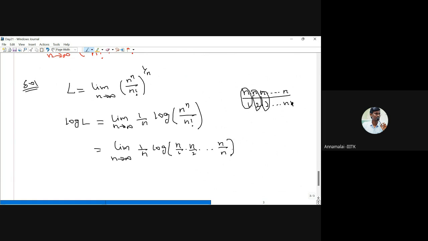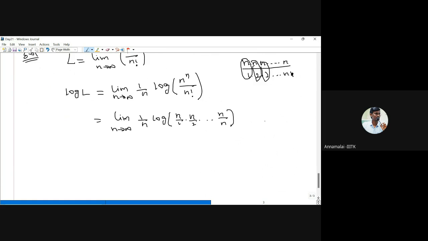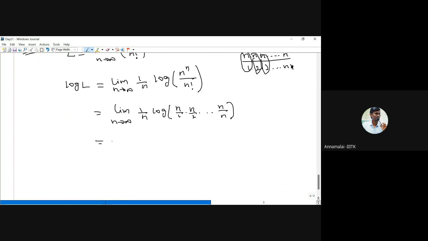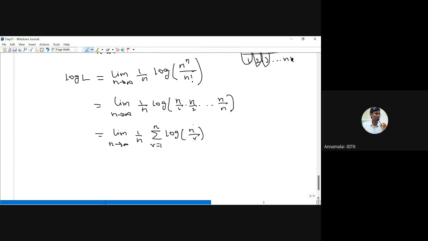Now we know that log of AB is nothing but log A plus log B. Therefore, we can simply write the summation notation: limit as n goes to infinity of (1/n) times the summation of log of n/r, where r equals 1 to n. But we need an r/n format, and here we have n/r.